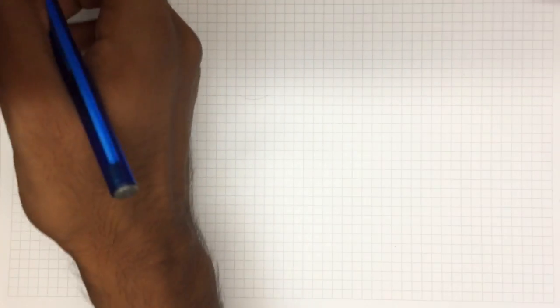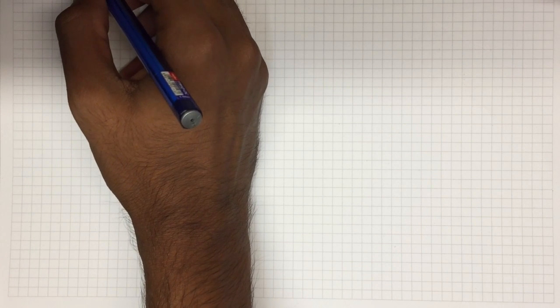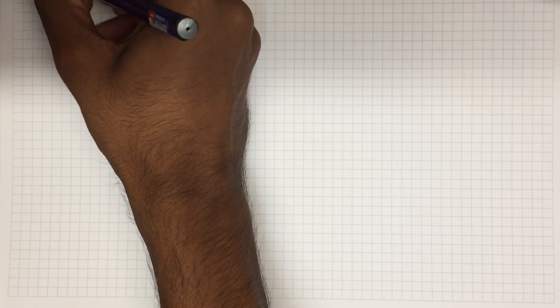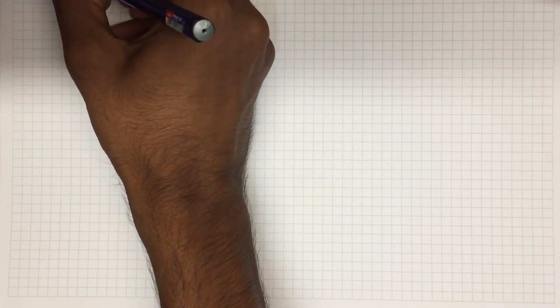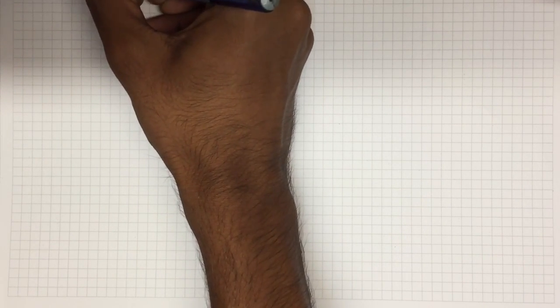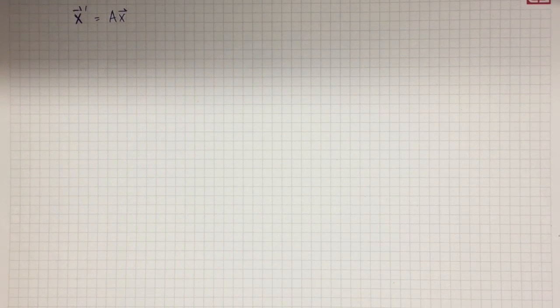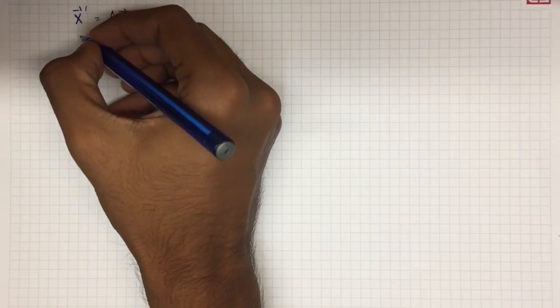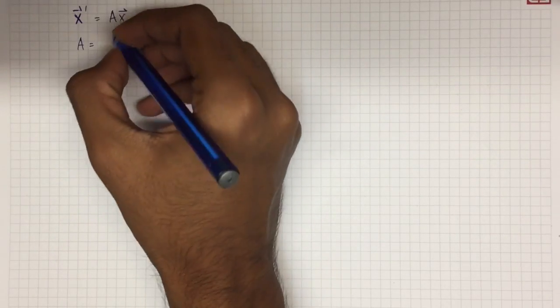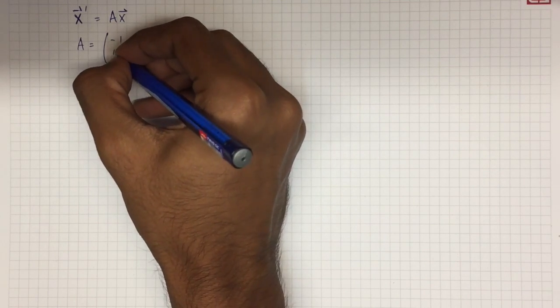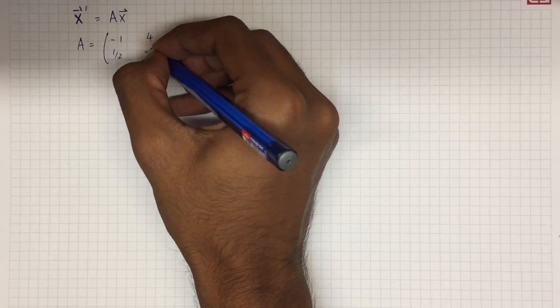I'm going to start off with a pretty straightforward example. Let's consider x vector prime is equal to A x vector. This has been given in the question, where we are given that A is [-1, 4; 1/2, -2].